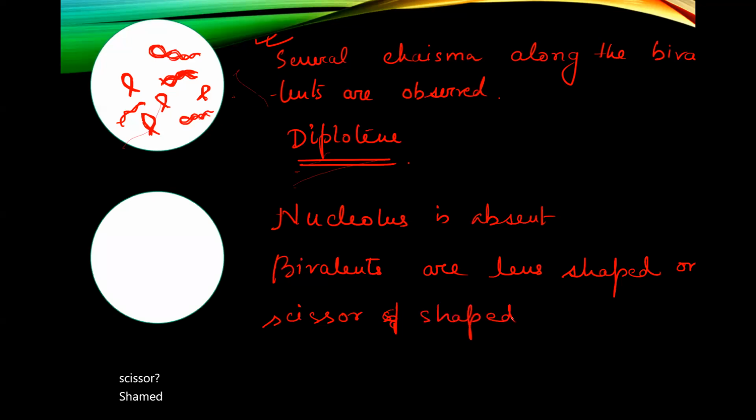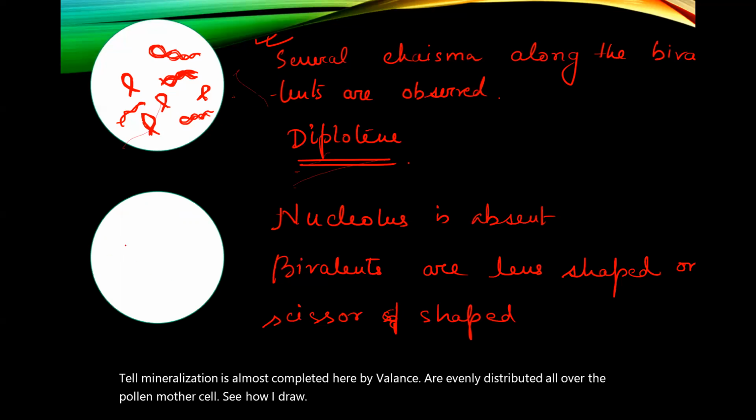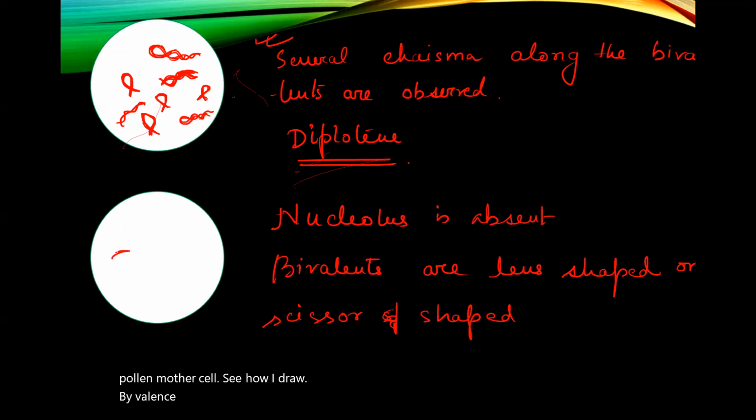Understood? Terminalization is almost completed here. Bivalents are evenly distributed all over the pollen mother cell. See how I draw? Bivalents are evenly distributed all over the pollen mother cell.